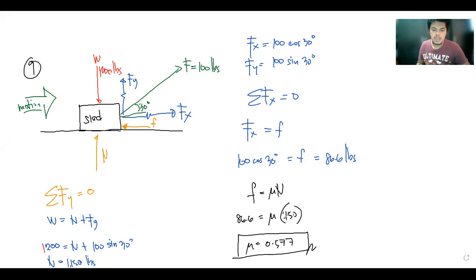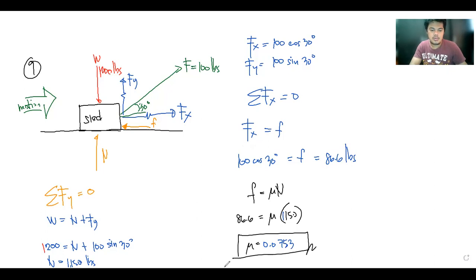So we just divide 86.6 by 1,150. So the value is 0.0753.